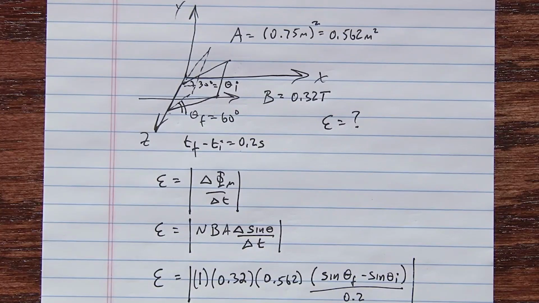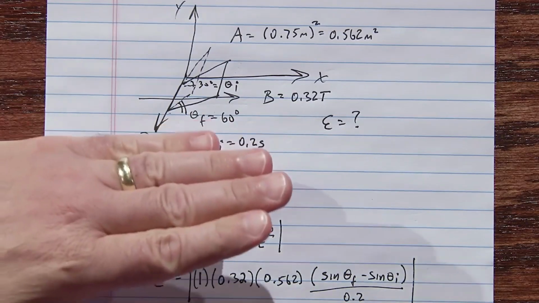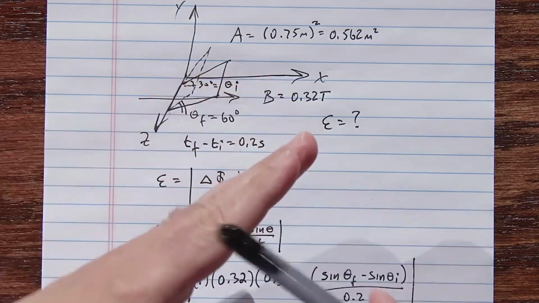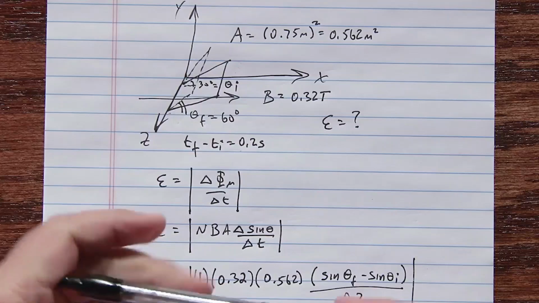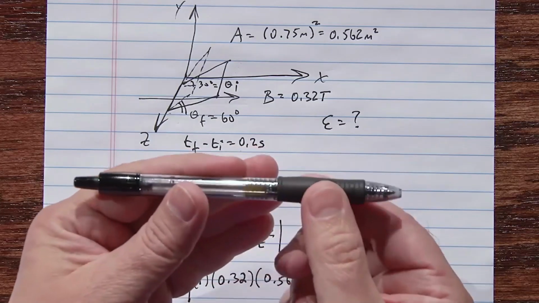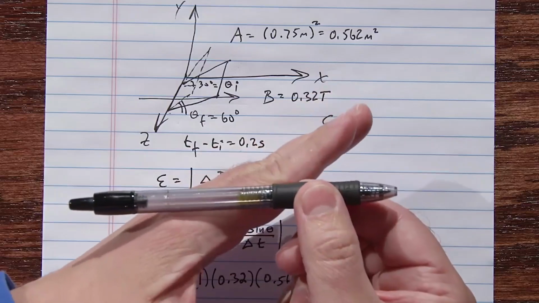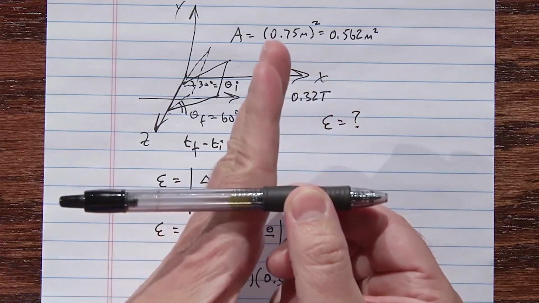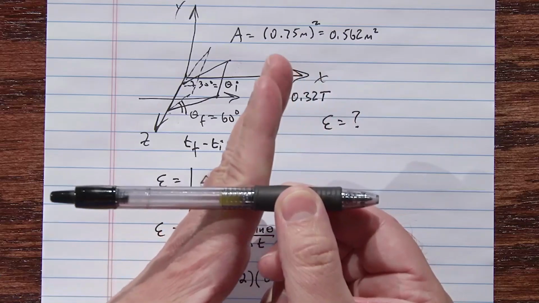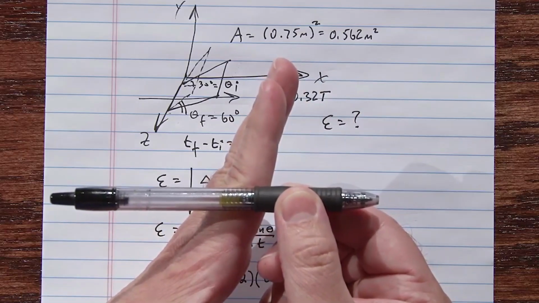Well, okay, let's think about this. As the loop tilts upwards, then actually, let's look at it from the side on. Here is the magnetic field going to the right, and the loop is tilting upwards. As the loop tilts upwards, the magnetic flux increases.